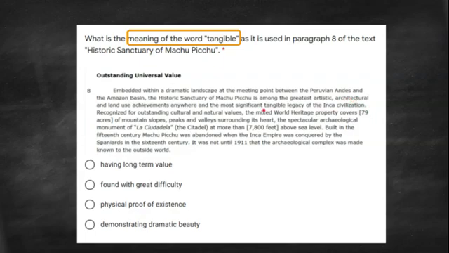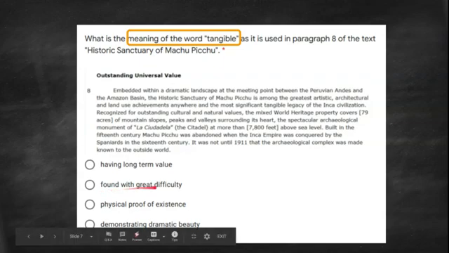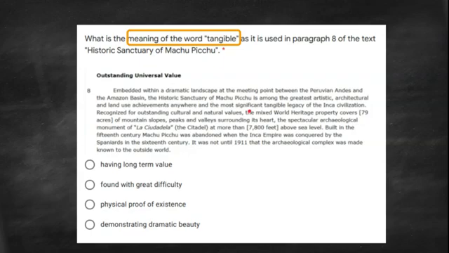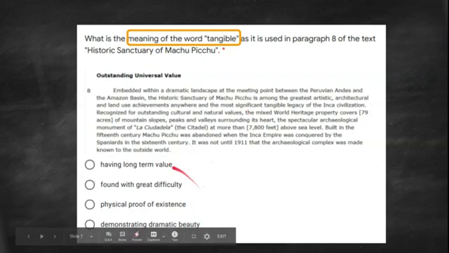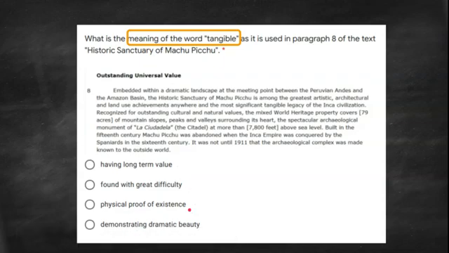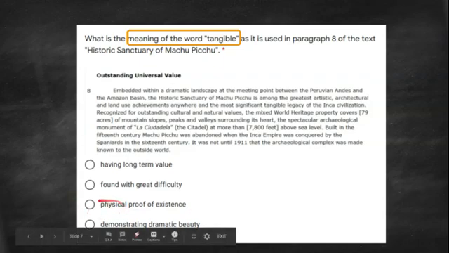So, are we saying that the legacy has long term value? The legacy of the Inca civilization is found with great difficulty. There's physical proof of its existence, or it's demonstrating dramatic beauty. So, the ruins of Machu Picchu, which of these talk about a tangible legacy of Machu Picchu based on what they saw? Well, the correct answer is C, because the ruins gave them physical proof that it actually existed.